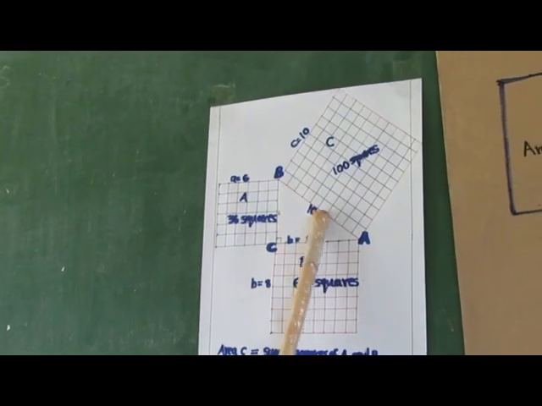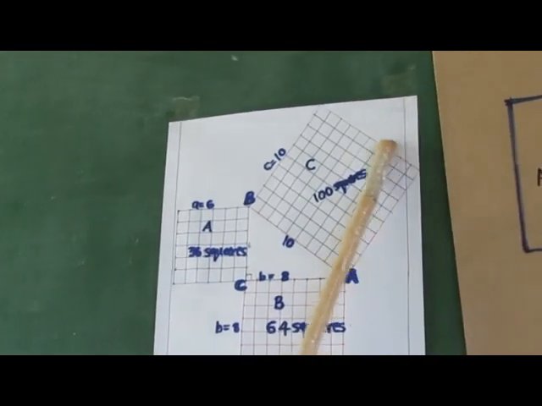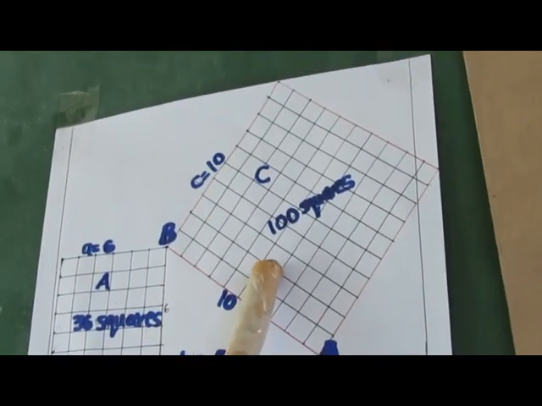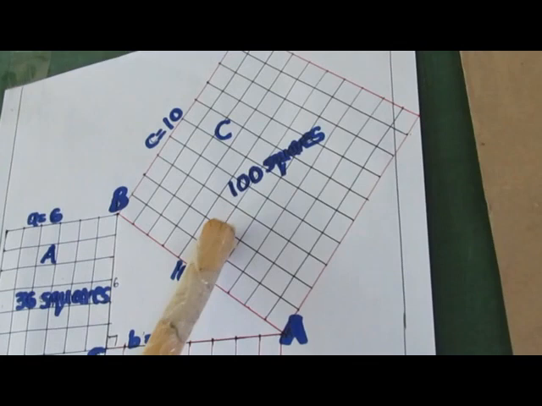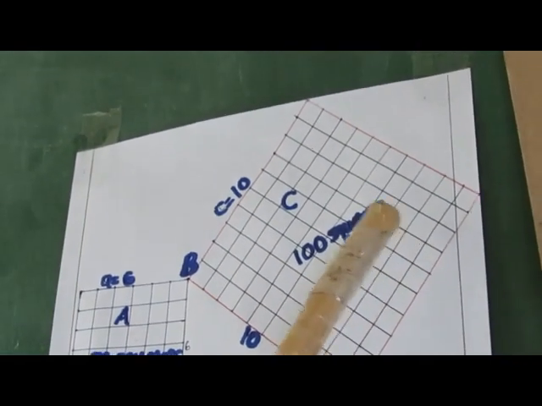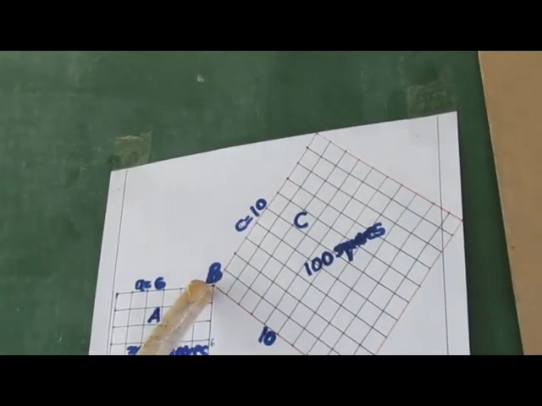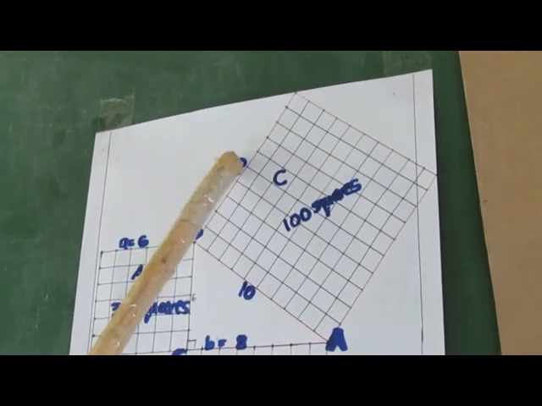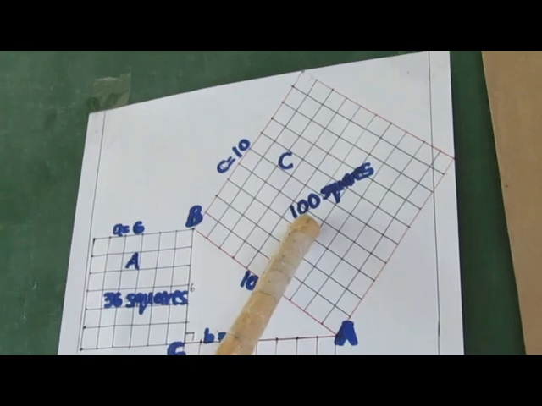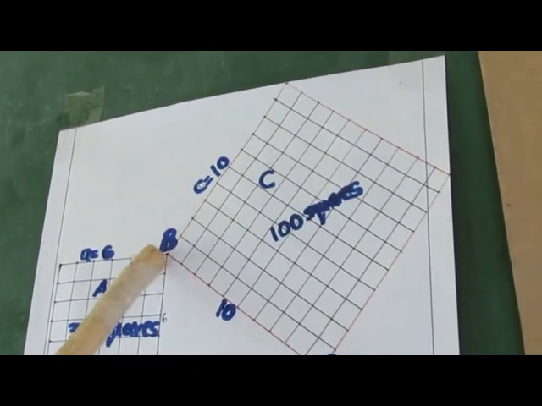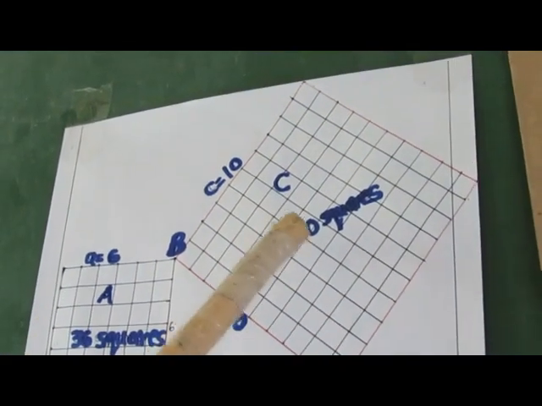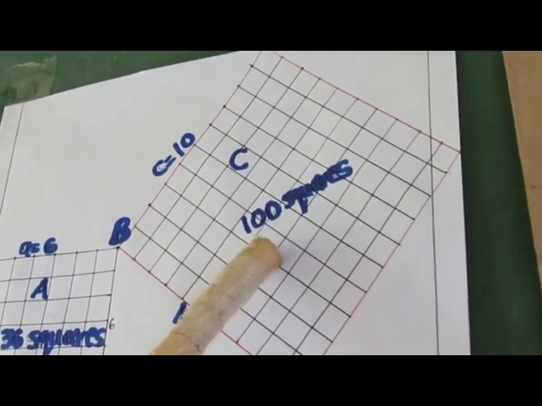This is the square which is formed by using the side of the hypotenuse. When you count the small squares here, you get 100 squares, because one side is equal to 10 and another side is equal to 10. When you multiply 10 by 10, you get 100 squares. So this square, formed by the side of the hypotenuse, is equal to 100 squares.